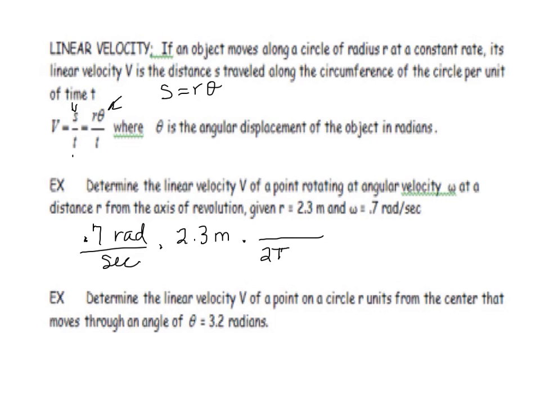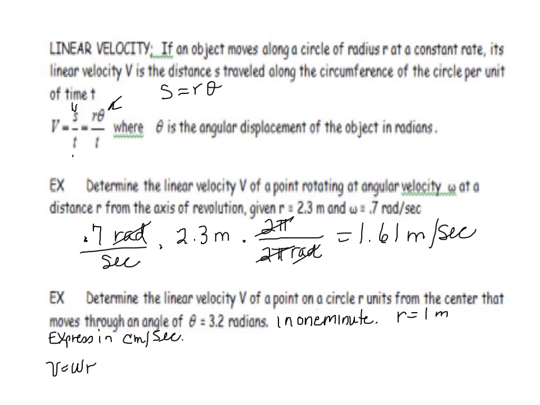I've got 2 pi radians over 2 pi. So basically, these are going to cancel. What I need is just the radians to cancel. So I just did a form of 1. This also cancels, and I'm going to be multiplying 0.7 times 2.3, and I'm going to get 1.61, and then I'm left with meters per second.